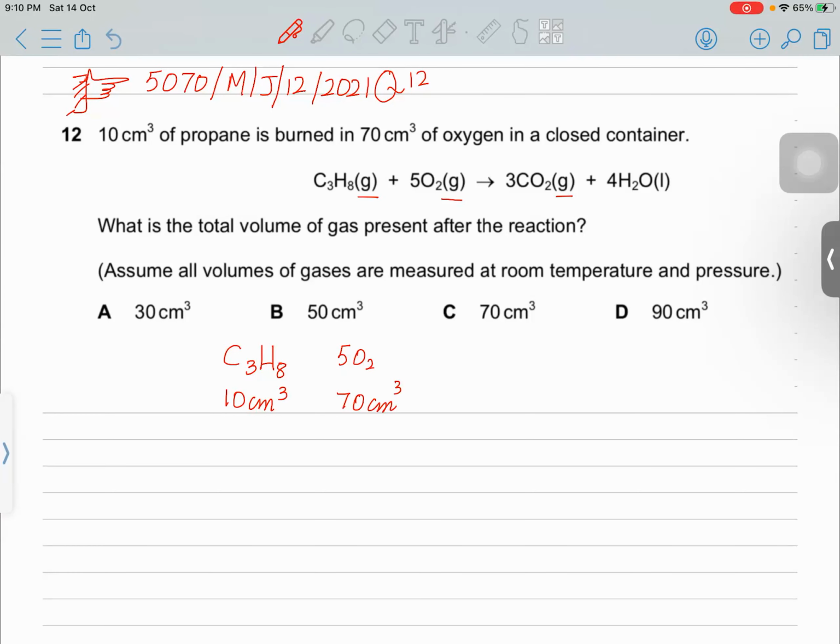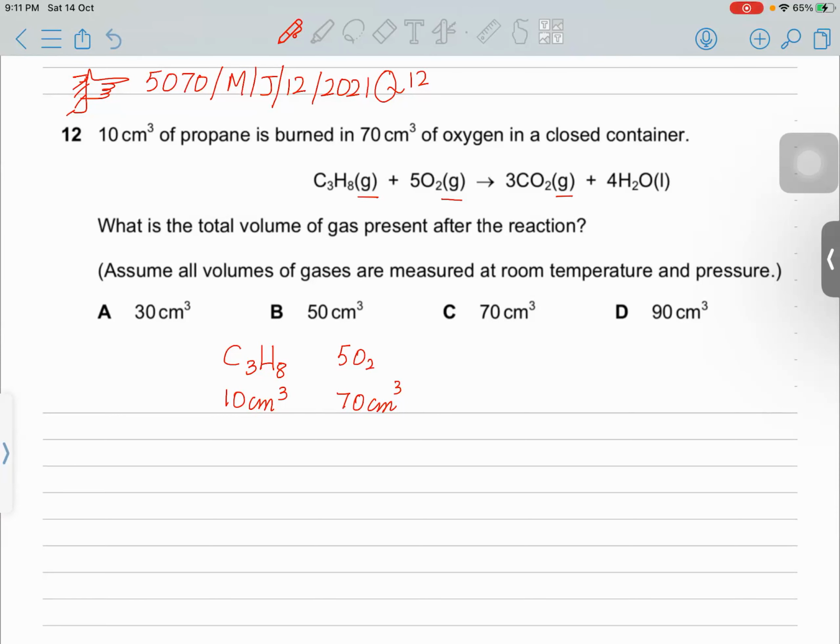Now, which one is the limiting reactant? This is the question. Which one is the limiting reactant? Sir, C3H8? Why C3H8? Because it has less volume. Less volume.